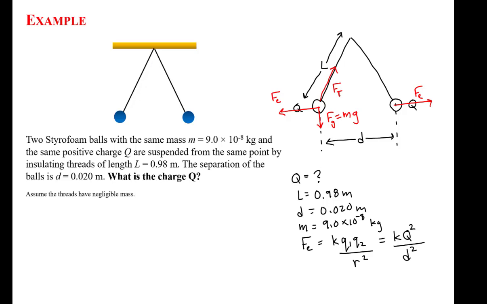Now that I've identified all of the forces acting on our sphere, at least on the sphere on the left, I'm going to transfer that to a free body diagram. Remember, a free body diagram is a diagram that illustrates the forces acting on a single object or a single system. So this is going to be representative of the left sphere.